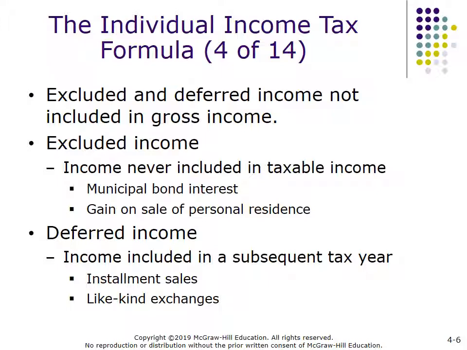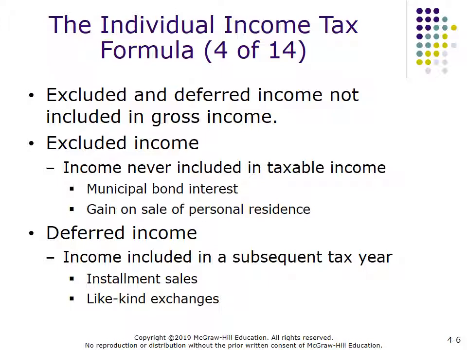There's also deferred income items, meaning they're income and they're going to be taxed, but they're just not being taxed right now. They'll be taxed later. And a classic example of this is something called an installment sale. In an installment sale, you may have sold something to someone, but you're not going to receive all the cash today. You're going to receive it at different points in the future, maybe over years.